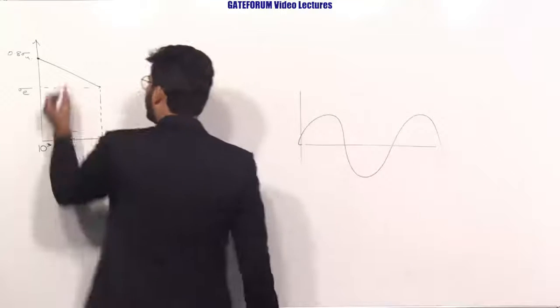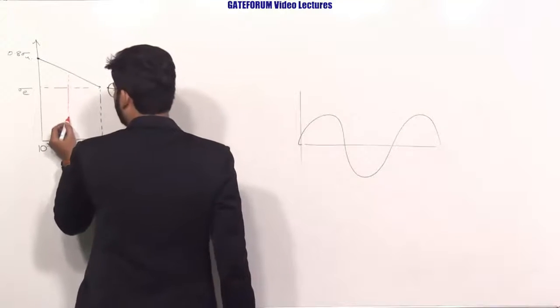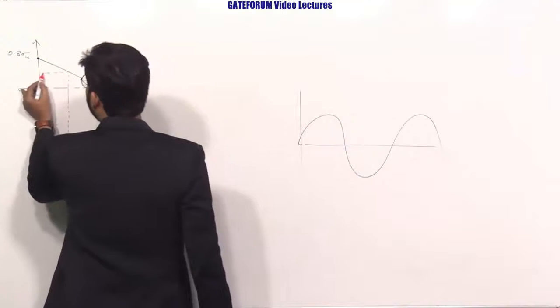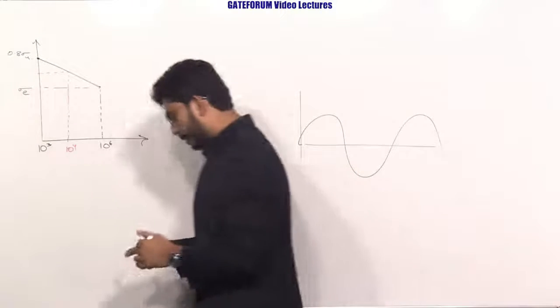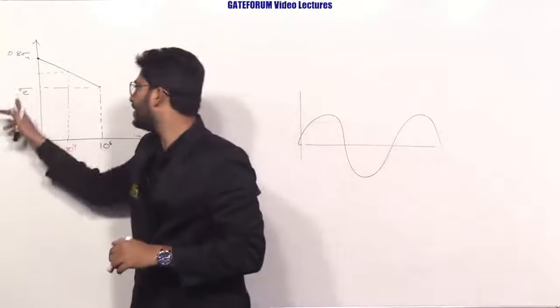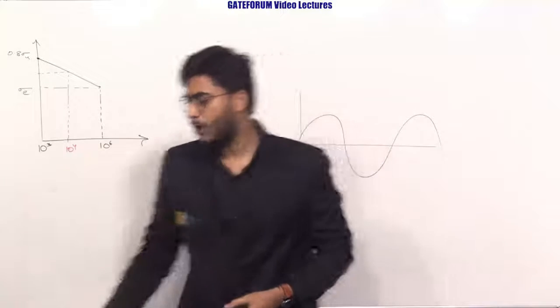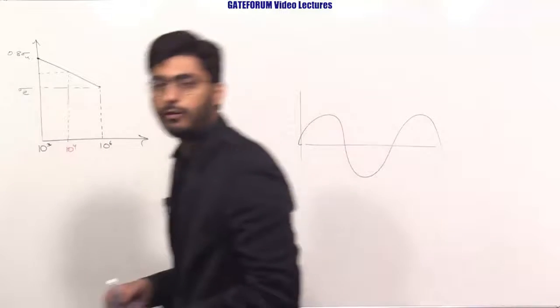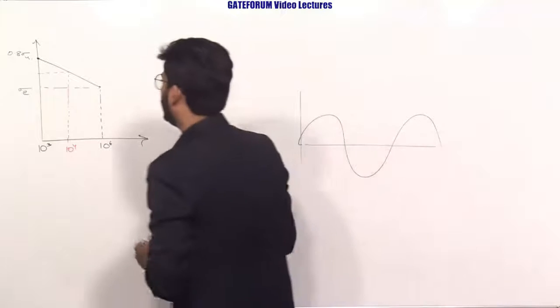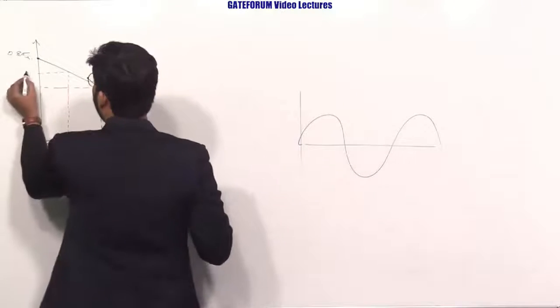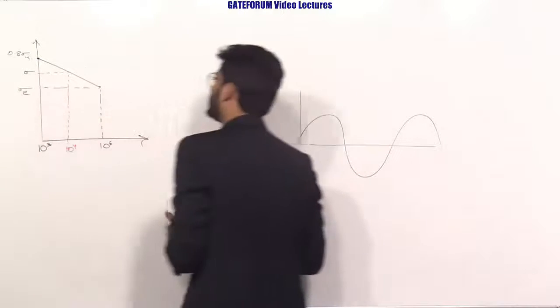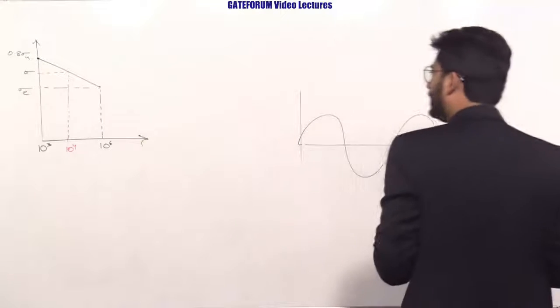Projecting this on the curve, approximately the value will be in between 0.8 times of sigma ut and sigma e. Let us say this to be sigma. Now applying the linear interpolation.